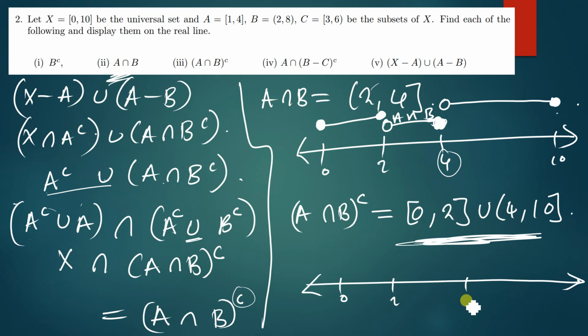For me, I'm writing these numbers because of time. You have to make sure that you write all the numbers in between. So this will be closed there and also closed there. Then apart from that, it's open at 4 and closed at 10. So we have A intersection B complement. Alright, so I'm sure you have understood this question.